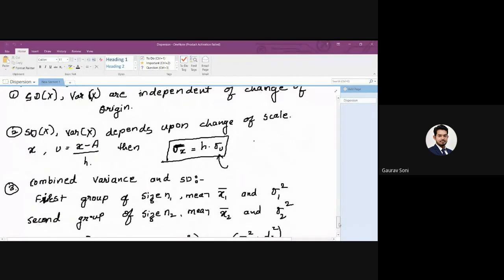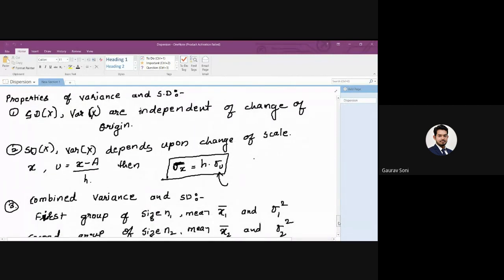Then the properties. The first property says that the change of origin does not affect your standard deviation or the variance, but the change of scale, of course, does depend. So standard deviation of x will be given by h into standard deviation of u if the new variable u is formed by changing the scale of the variable.